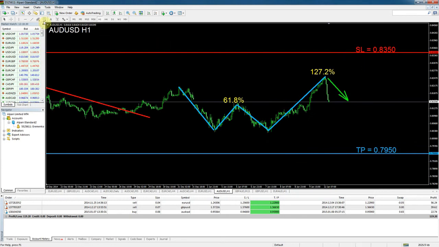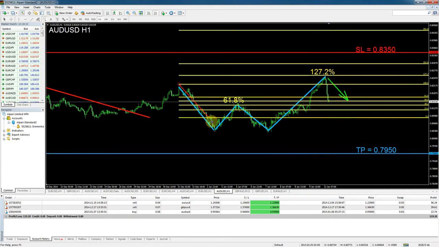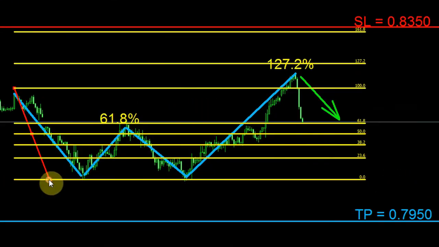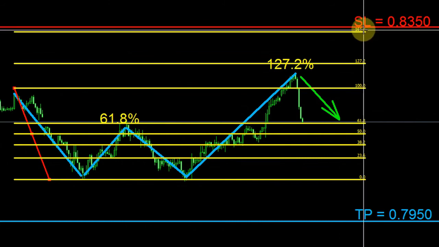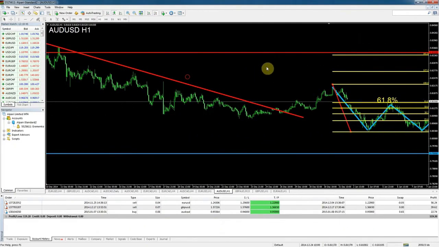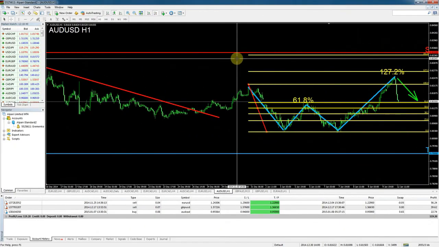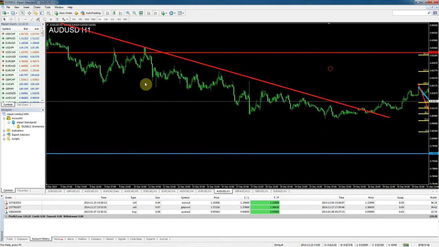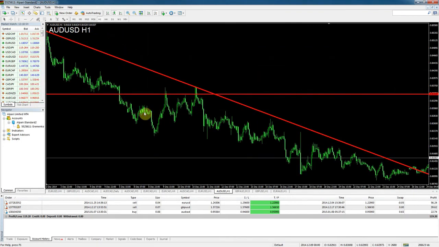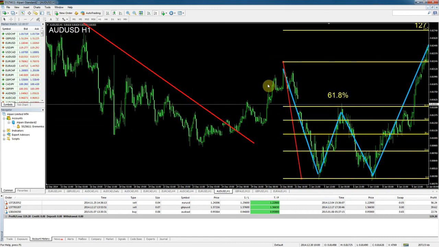Your stop loss is a kind of similar thing. If you drag the original Fibonacci retracement, it's good to set your stop loss above the 161.8, because this acts as a resistance line. Also, we've got a strong level here, which is 0.83, and as you can see over here, 0.83 was a strong resistance line. It's also a psychological level.